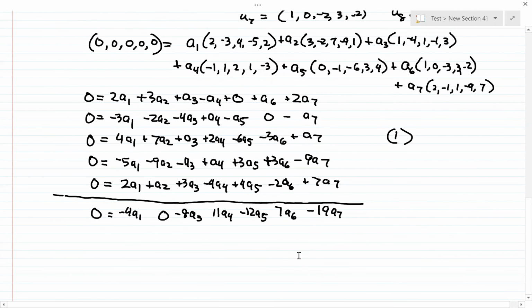Similar kind of stuff for the next ones. Multiply this row by 2 and add it to the second row. 2 times this would be 4.